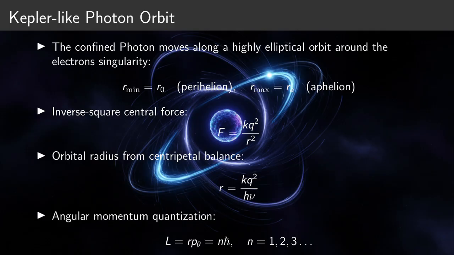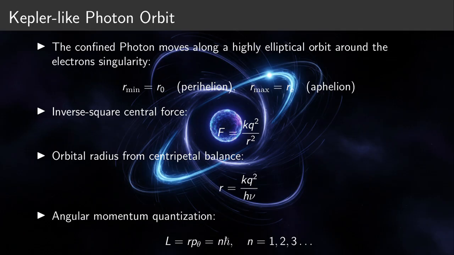Kepler-like photon orbit. We now consider the motion of a confined photon. The photon follows a highly elliptical orbit. Its closest approach, or perihelion, occurs at the preon radius. Its farthest distance, or aphelion, occurs at the classical electron radius.